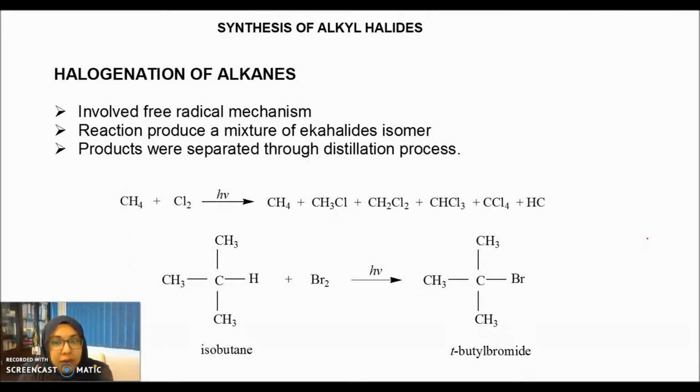So the first product that you get is the first halogen substitution. For example, in the case of isobutane, you get tert-butyl bromide. You may want to look back at the reactions of alkane that involve halogen, and the results will be the same.